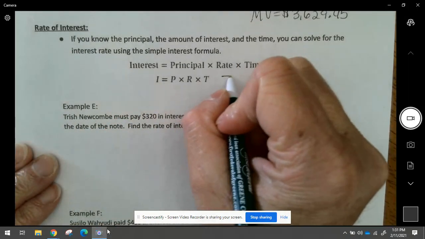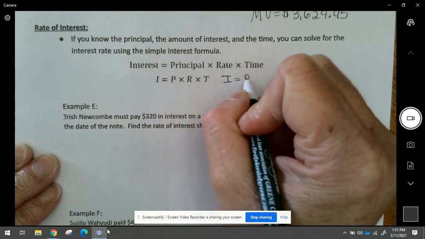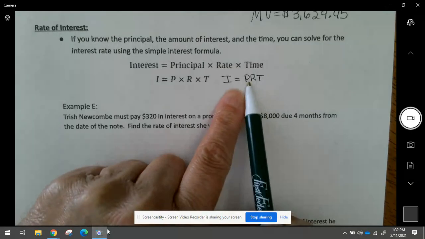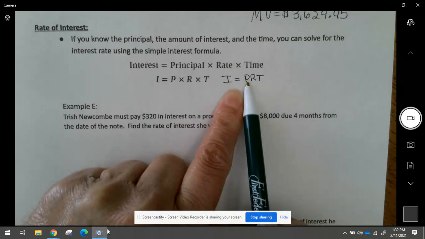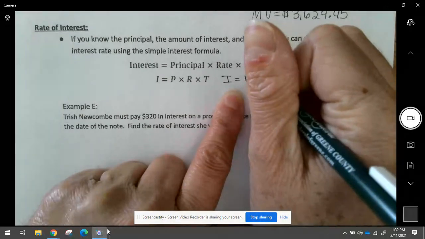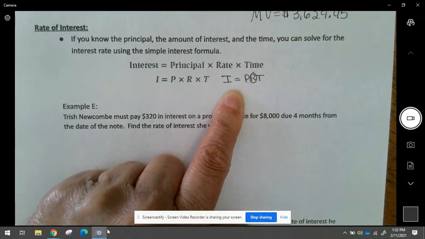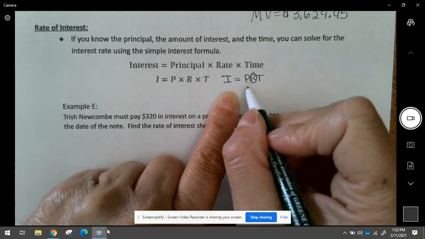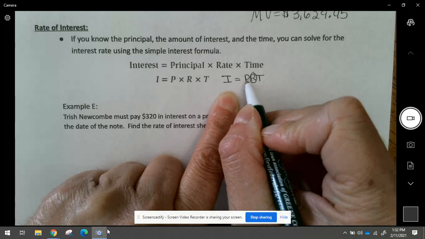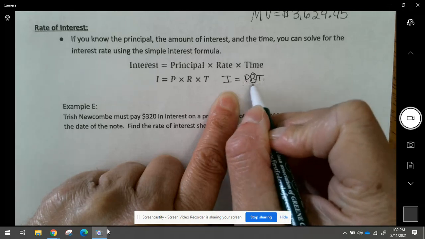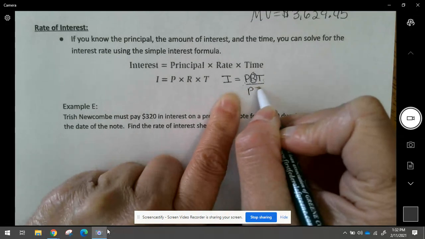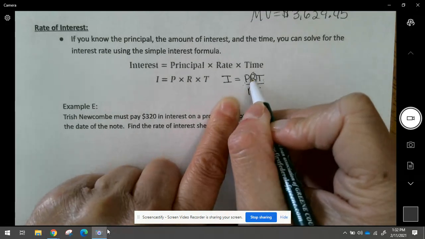I'm going to show you how you can manipulate formulas to isolate a variable. Well, we see multiplication occurring with these three values. I don't know my rate, so I want to get the rate by itself, isolated. So think about opposite operations here. If we see multiplication, we can divide by the principal and the time to get R by itself.